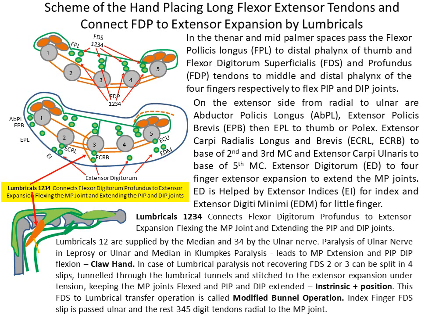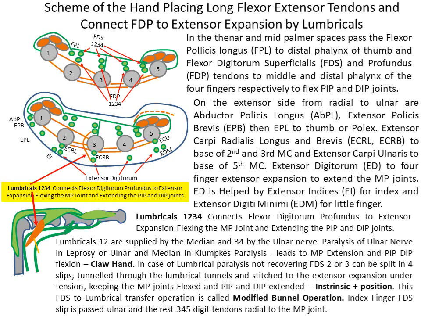Then after the thumb, go on to the wrist and place the dorsiflexors of the wrist, which are extensor carpi radialis longus and brevis, which are attached to the base of the second and the third metacarpal, and the extensor carpi ulnaris to the base of the fifth metacarpal.